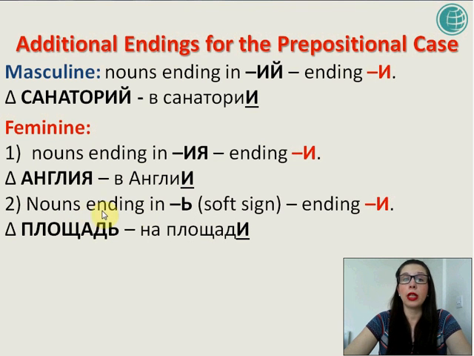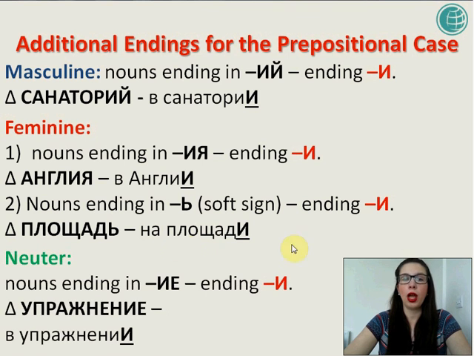Feminine nouns ending in a soft sign will also have the ending "и" instead of "e". For example, площадь, square, на площади, on the square. And neuter nouns ending in "ие" will also change the ending to "и" in the prepositional case. Упражнение, exercise, в упражнении, in the exercise.